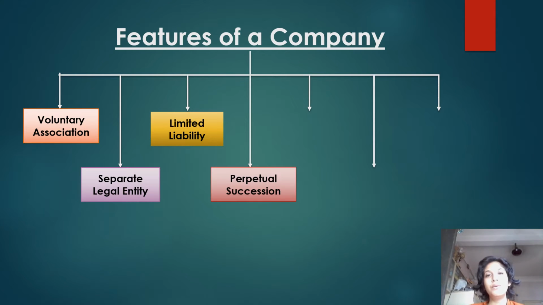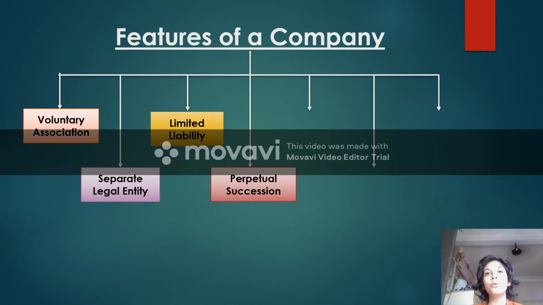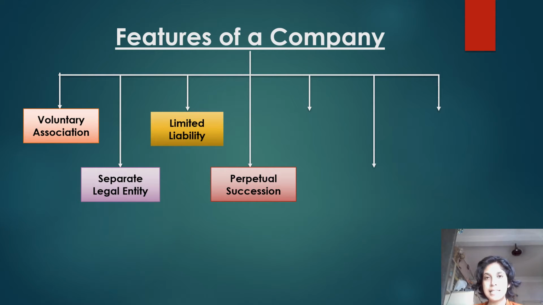Okay. Now next one, perpetual succession. It means that when a company is formed, it is assumed that it will go on for a long period of time. Perpetual means unlimited. It is not for any limited period of time that it is formed. It is referred that the company will go on and on for unlimited period of time. Okay.